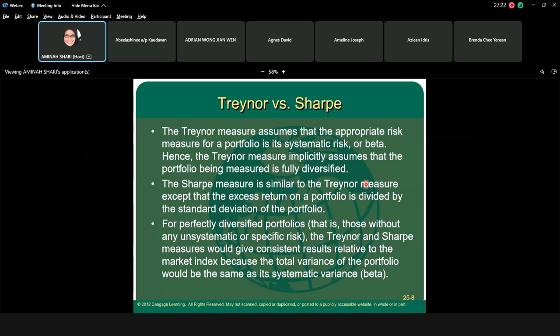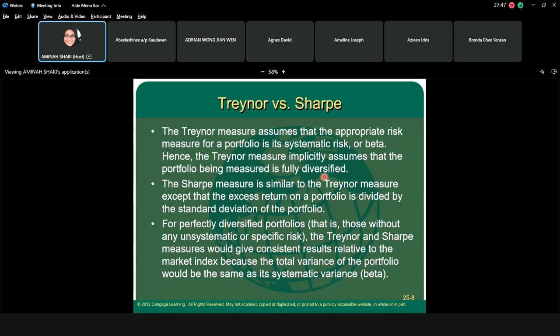Okay, tapi apa yang the most important part yang you need to know is the conflicting result. Okay, kenapa berlaku conflict di antara result Treynor and also result Sharpe. Okay, so you boleh explain lah dekat sini. The first one because Treynor ni dia assume portfolio is being measured is fully diversified.